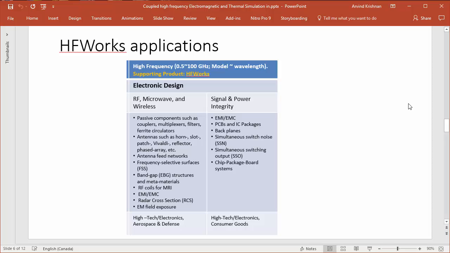So it's really a program that can cater to a wide variety of industries, ranging from high technology, electronics, aerospace, defense, consumer products, etc.